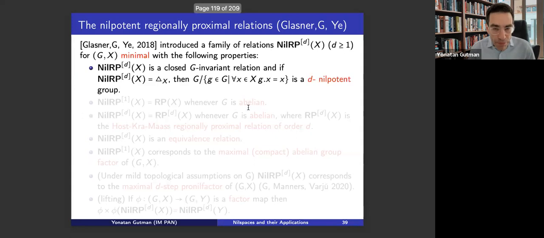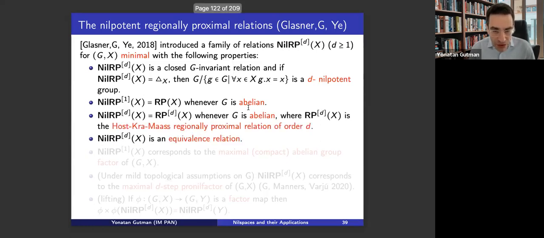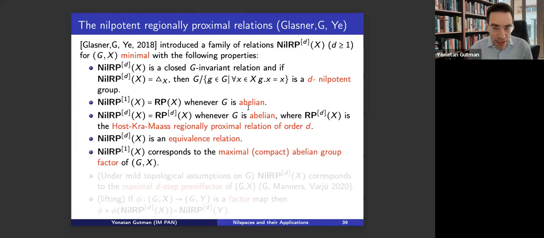And in joint work with Glasner and Ye, we introduced a family of relations which we called nilpotent regionally proximal relations. And here the key difficulty is to prove that these relations are equivalence relations in the generality of minimal actions.